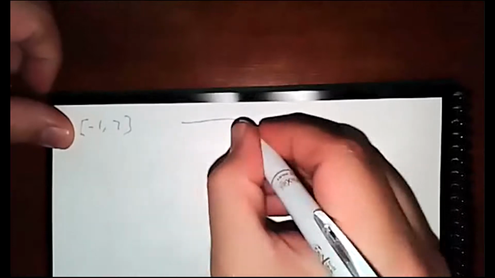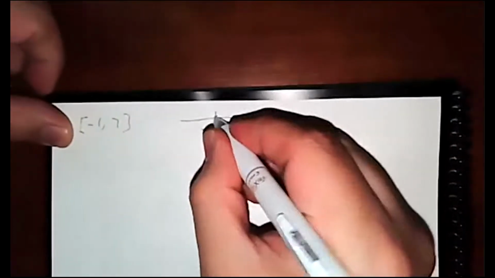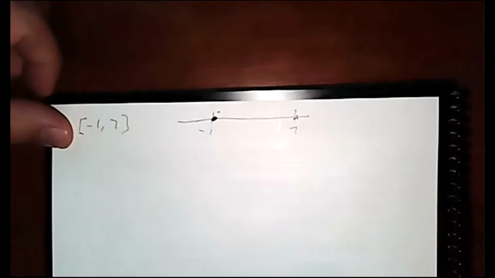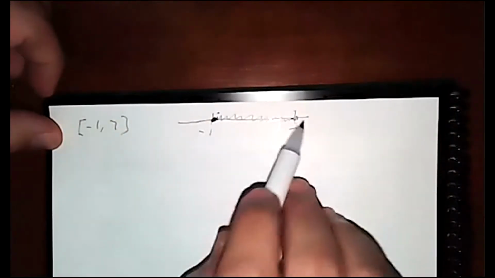So visually, -1 to 7 means you include this point, and you go all the way till 7 with the brackets. So everything in between would be the solution or the domain, including the endpoints.